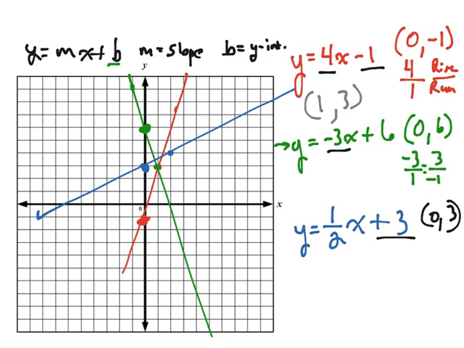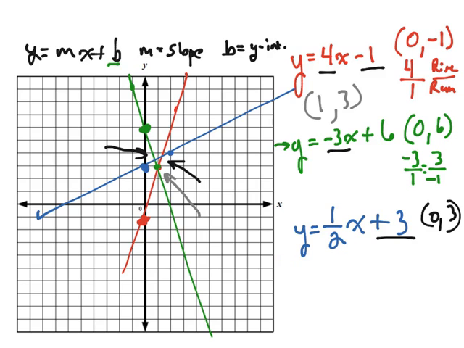Now, it intersects both of these at some point here and here. In order to find that, basically what I have to do is set those equations equal to each other, solve for x, plug that back into one of the equations, and solve for y. If it doesn't have a nice clean point like this one, I just set the equations equal to each other.